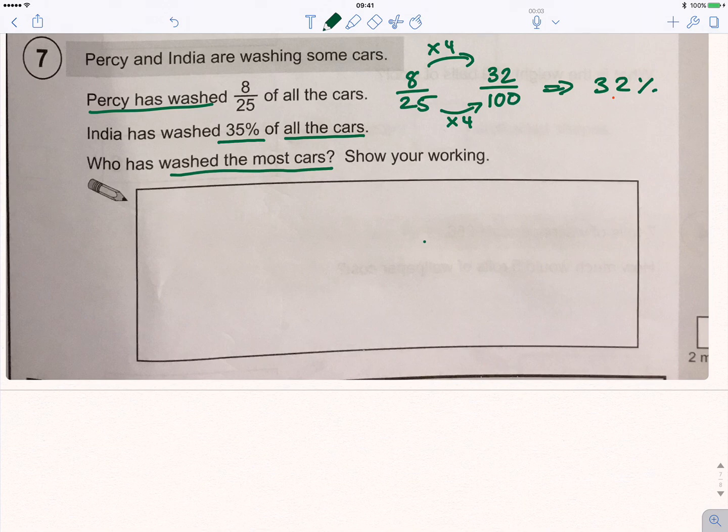So clearly, India has washed the most cars because India has washed 35%, whereas Percy has only washed 32%.